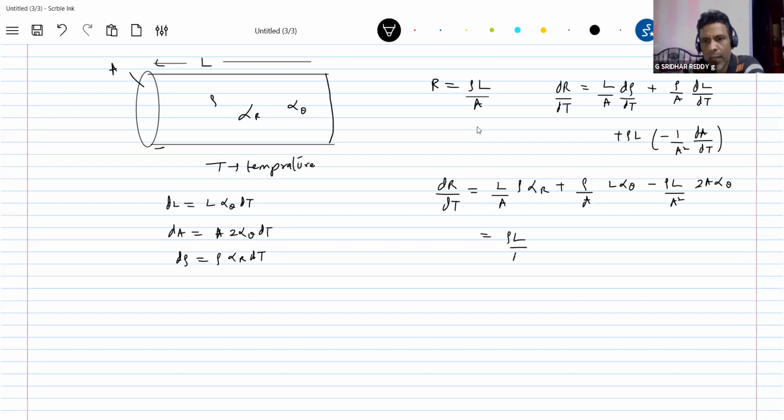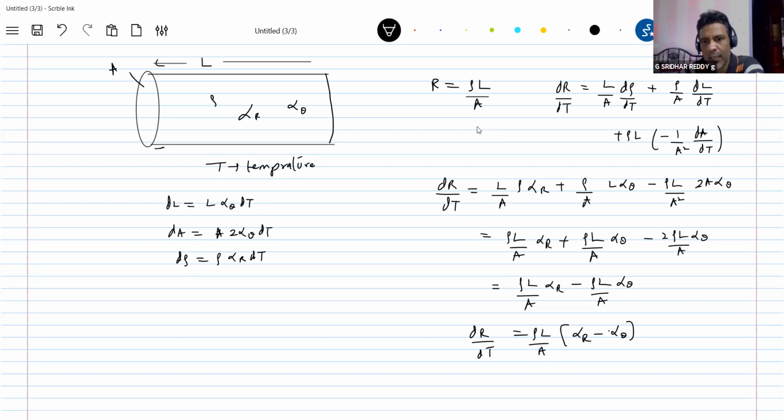So rho L by A alpha R, plus rho L by A alpha theta, minus 2 rho L by A alpha theta. So this will be rho L by A into alpha R minus alpha theta. So this is what dR by dT is.